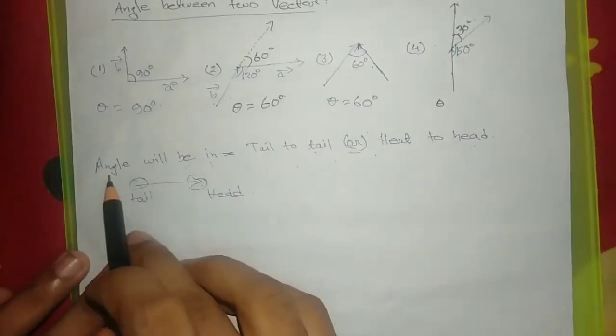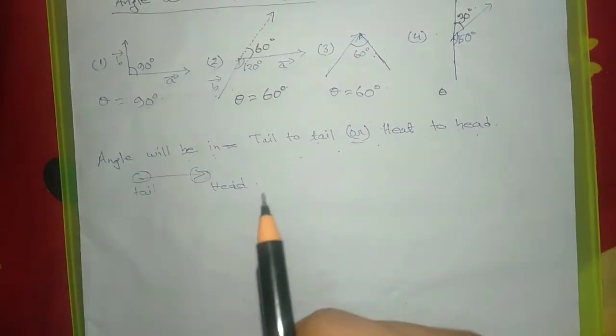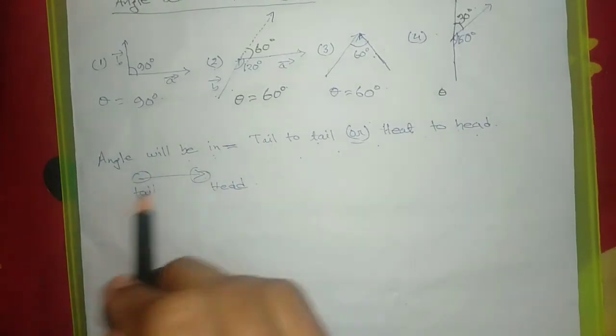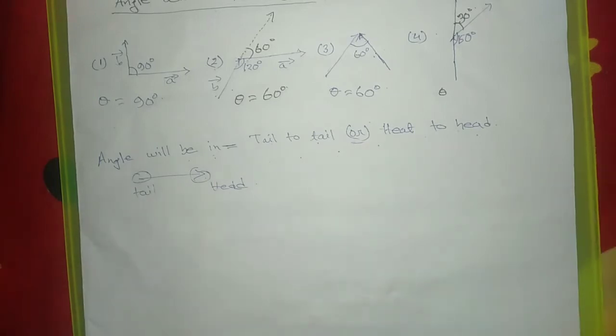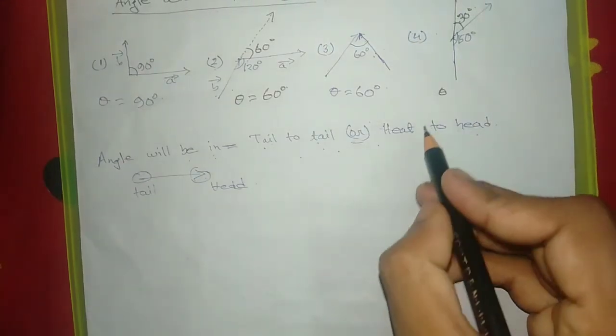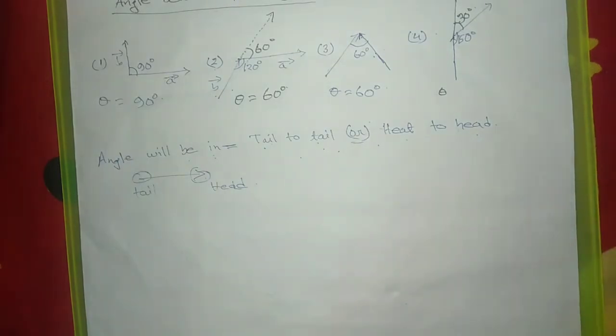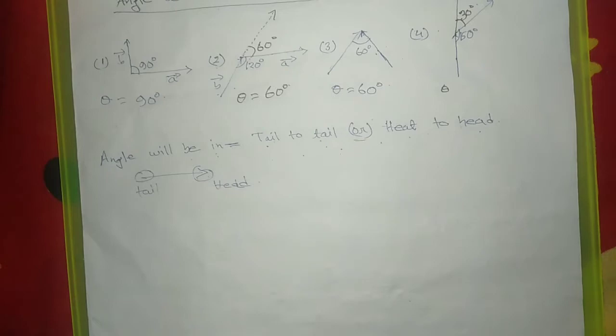This is the rule. To find any kind of angle between two vectors, you have to find tail to tail or head to head. Always remember, it is very important, or you can call it a trick.